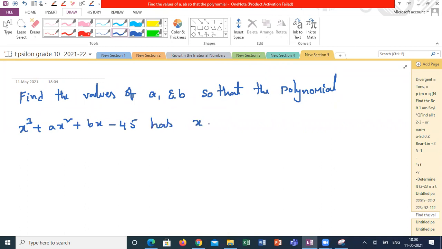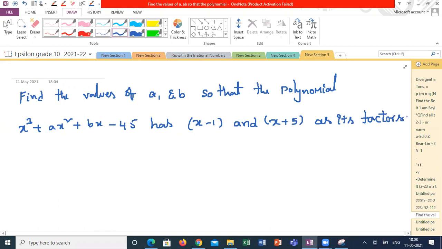has x minus 1 and x plus 5 as its factors. Please solve this question.